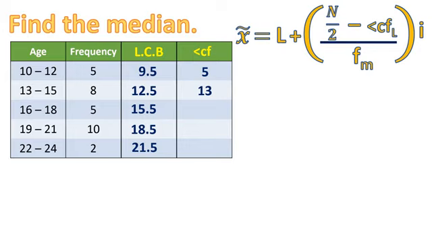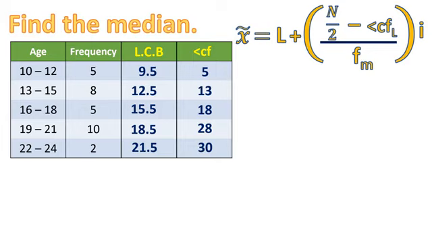Then 13 plus 5, that's 18. And then 18 plus 10 is 28. 28 plus 2 is 30. So this is the less than cumulative frequency.